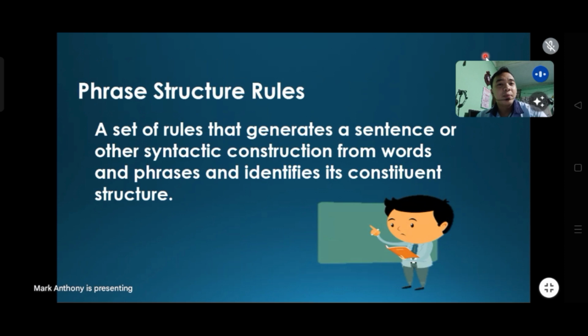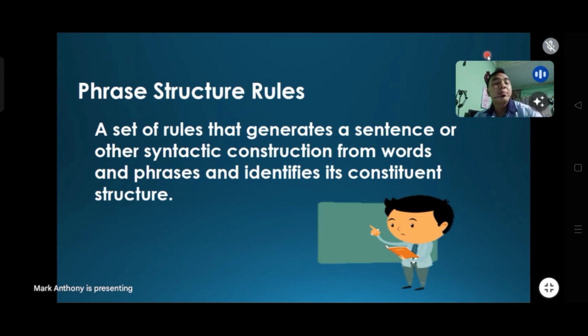Moving forward, we follow a specific rule in phrase structure. So, sir, what are these so-called rules? Those are phrase structure rules. Phrase structure rules are a set of rules that generate a sentence or other syntactic construction from words and phrases and identify its constituent structure.